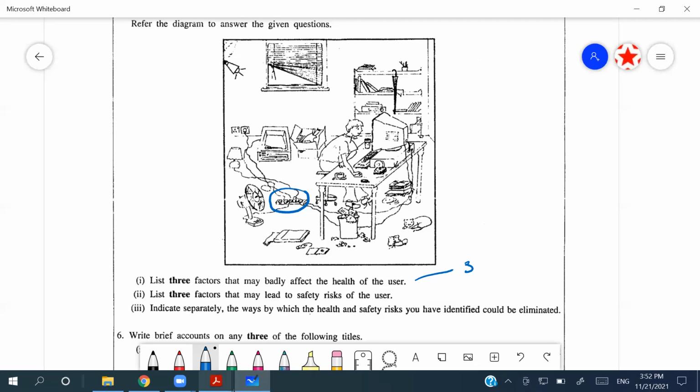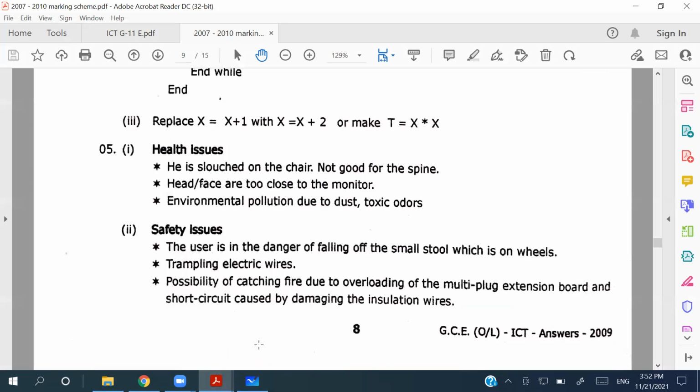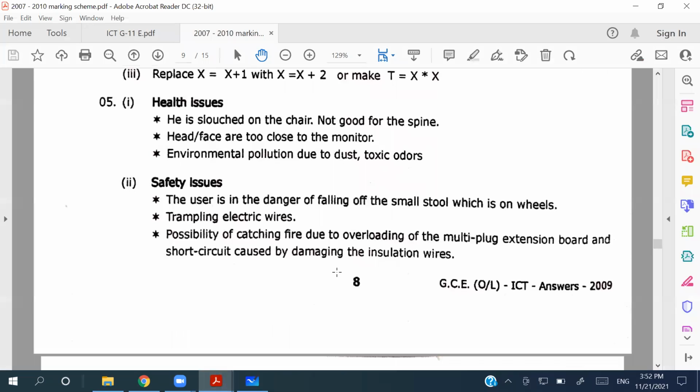Let's go by the marking scheme. The user is in danger of falling off the small stool which is on wheels. Yes, that can be taken as a risk as well. Trampoline electric wires, possible to catch fire due to overloading of multi-plug extension.